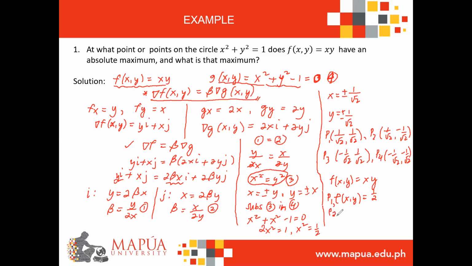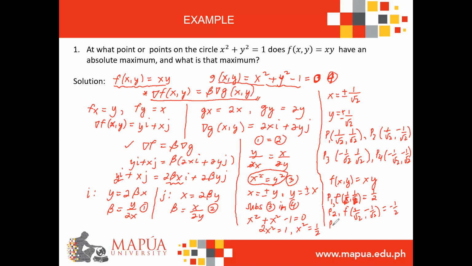When this is at point 2, the value of f of x, y with the corresponding coordinates, 1 over square root of 2 and negative 1 over square root of 2, the answer is negative 1/2.